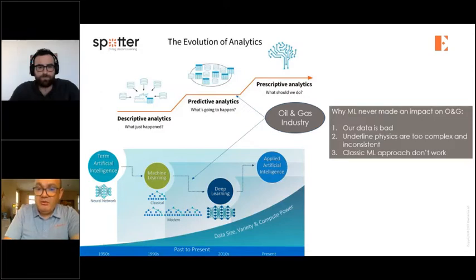The underlying physics are also not consistent, right? Because we're drilling in different environments, in different lithologies, with different technologies. So everything keeps changing from well to well. It's never exactly the same. And then the classic machine learning approaches that look mainly at statistics don't work.